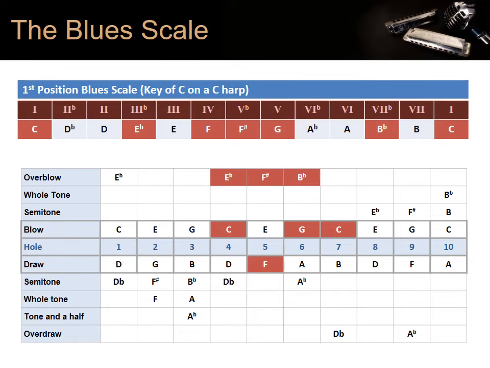Now in the middle octave, the blue notes are only available using overblows. So this is pretty tricky stuff and out of the reach of many players. So this is consequently why in first position people tend to play only down the lower octave of the harp, or as we'll see in a minute, the upper octave.